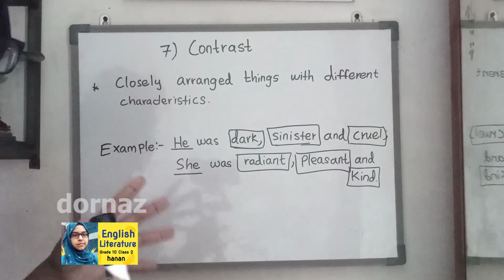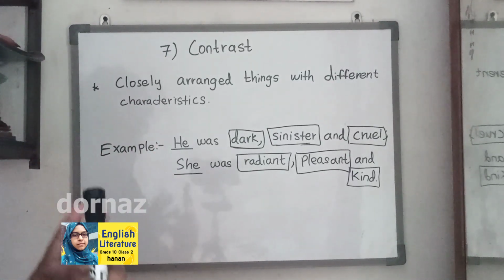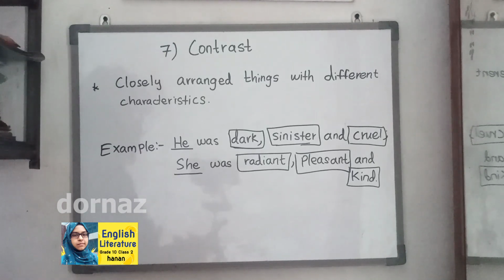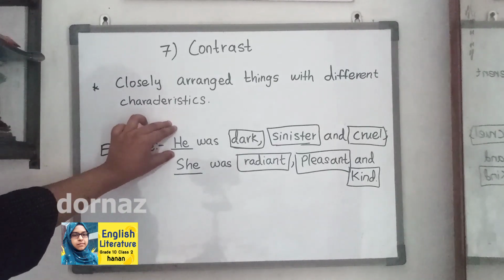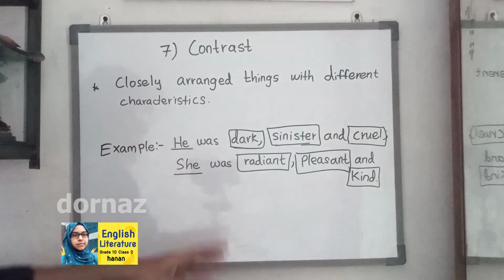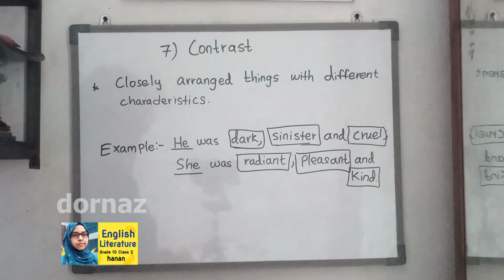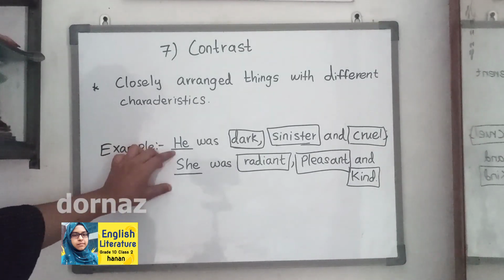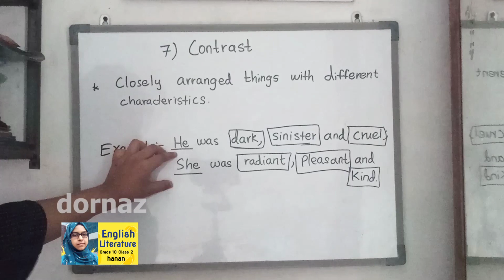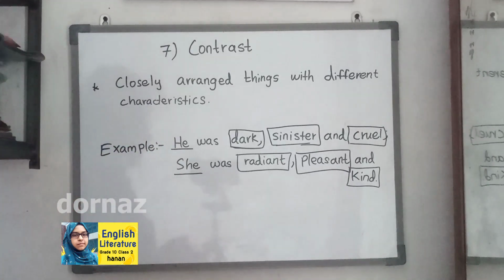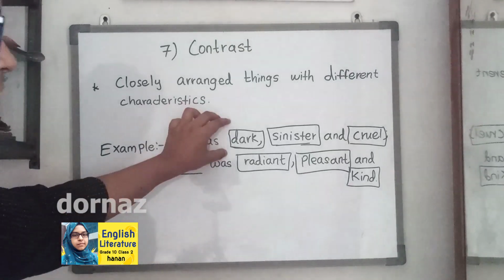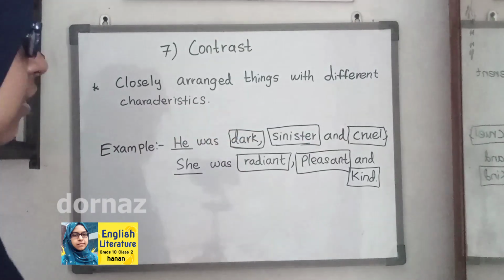These two lines are closely arranged, but these two lines possess two different characteristics. Here, this line talks about a boy who has all the negative qualities. The next line, closely arranged to the previous line, talks about a female who has all the positive qualities. So here the negative qualities are said.